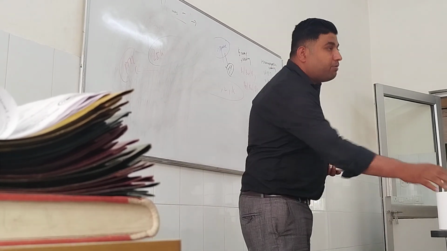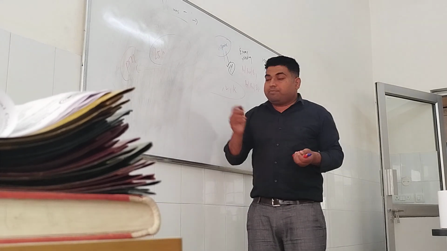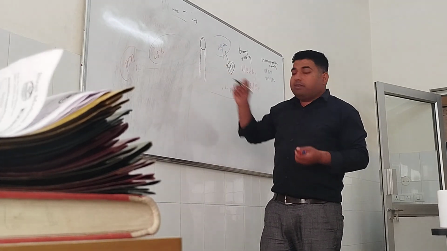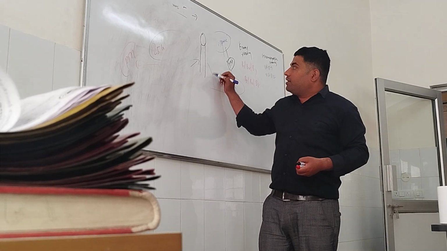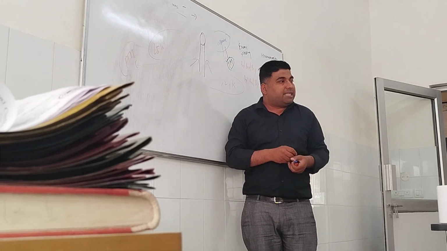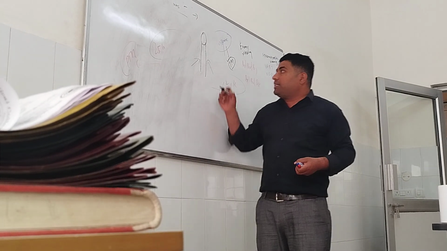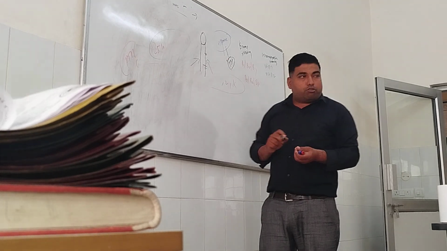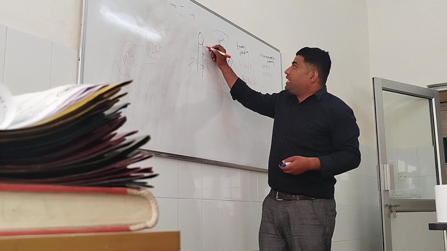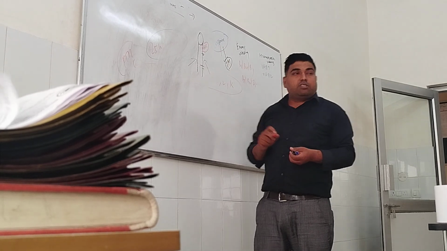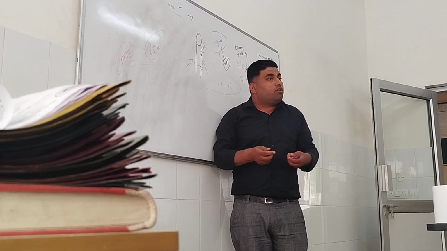Previously we studied in lipids that we have a lipid bilayer, right? This lipid bilayer consists of one saturated fatty acid chain and another unsaturated fatty acid chain. This unsaturated fatty acid chain has a double bond. Vitamin E co-localizes with this unsaturated fatty acid chain. Why?